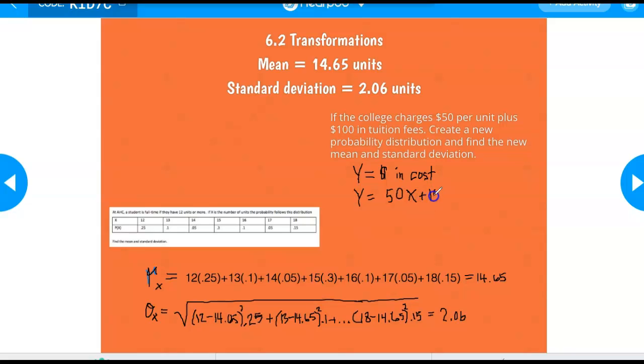So this is the algebraic formula to represent Y. So find the mean of Y and the standard deviation of Y. So first you have to make that distribution. So let's go ahead and make the distribution.